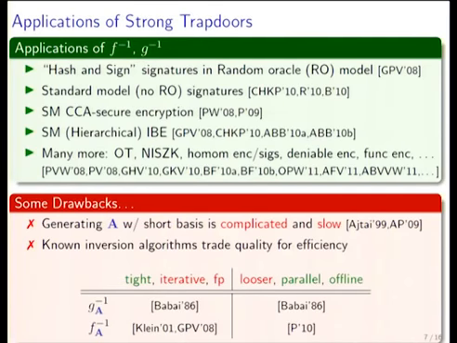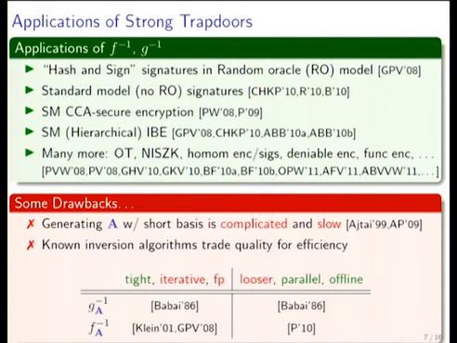This can be done if you have a good basis for the lattice. If you have a basis consisting of short vectors, then you can both solve the unique decoding problem for g and also the Gaussian sampling problem for the function f.